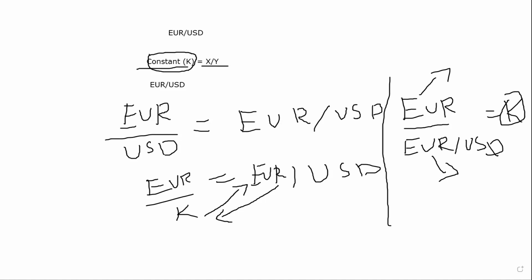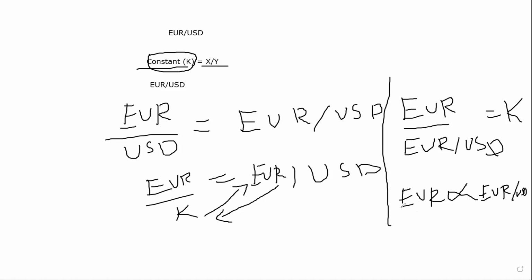So how are we going to write it down mathematically? We can say that euro is directly proportional to euro US dollar.